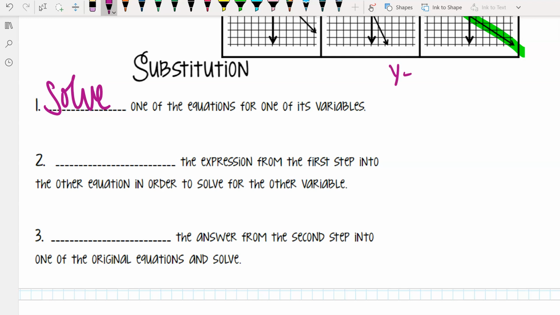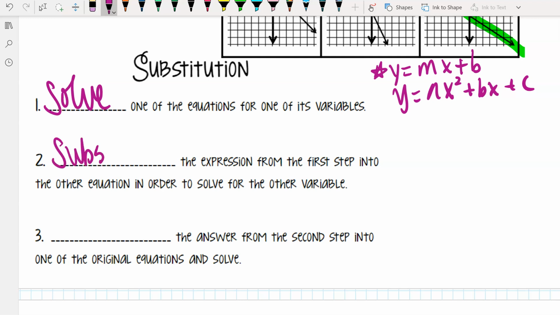If you are following along, this means you're going to take one of the equations given to you and solve it. It'd probably be easier to solve for the linear. That's pretty much the one you're going to want, but sometimes you might have the quadratic set up for you.